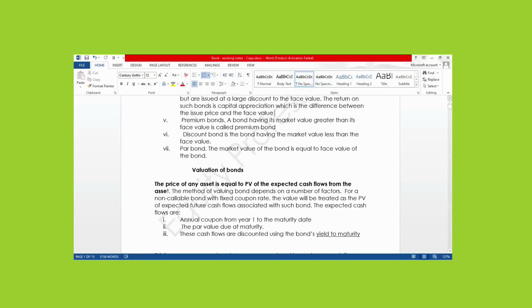Discount bond, opposite of premium. A bond having the market value less than the face value.